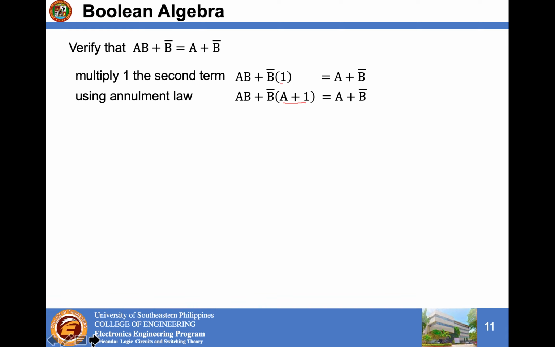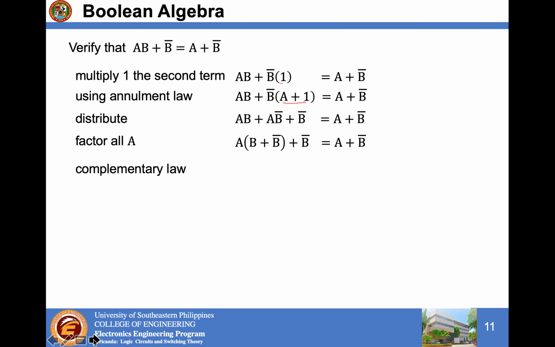Then we have to distribute the B bar to the quantity. So this is now equivalent to AB or AB bar or B bar. Then we have to factor out A. So we now have A and with the quantity B or B bar, then or B bar.